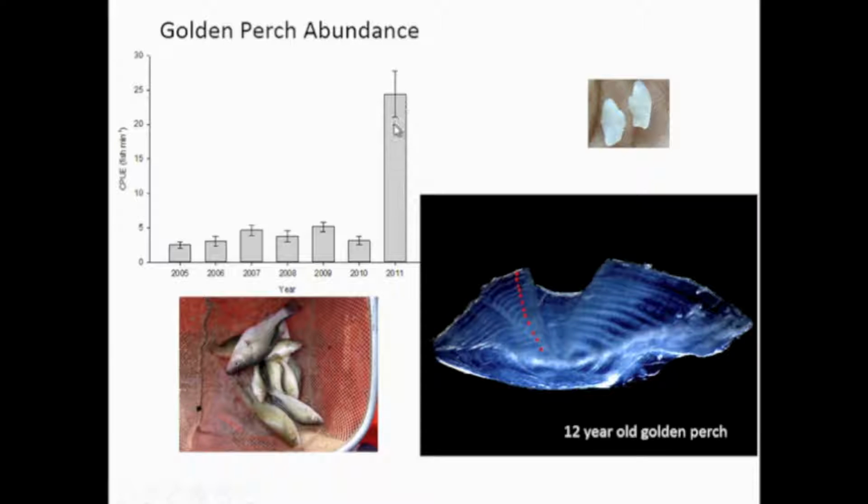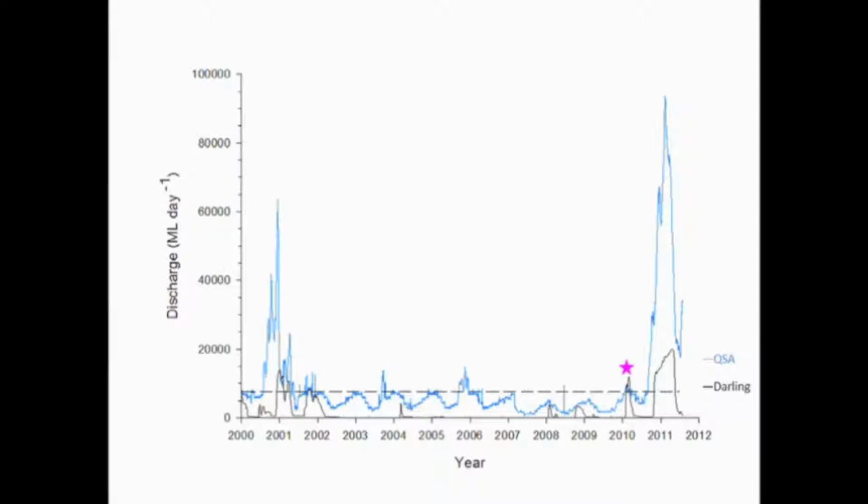Looking at this group of fish, we found that a lot of them spawned during the 2010 flood event. However, there was also a surprise: some in this mix are a 2009 cohort of golden perch. This is a little bit mismatched with our understanding that golden perch need in-channel flow pulses and floods to spawn.